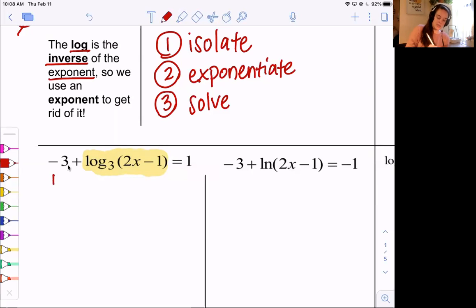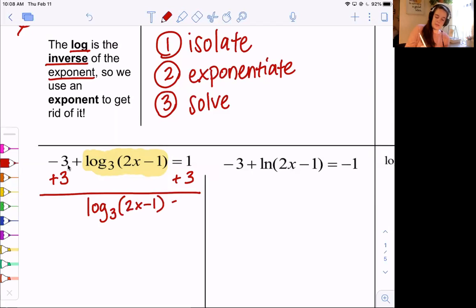Add 3 for sure. Add 3. So I get log base 3 of 2x minus 1 equals 1 plus 3, 4, right? First step, isolating is complete. I have the log by itself on one side of the equation.